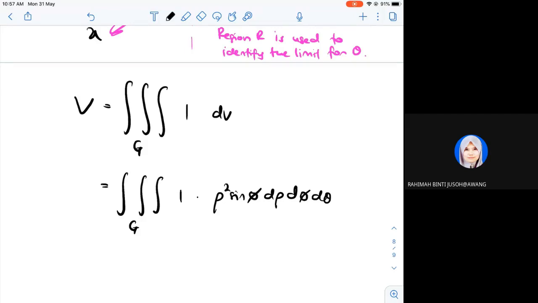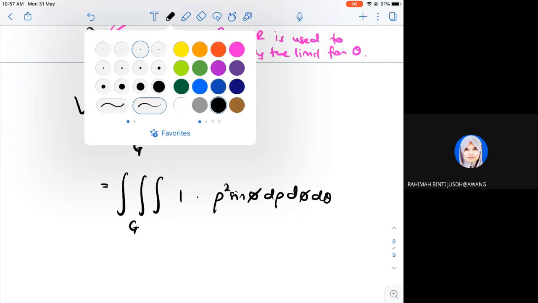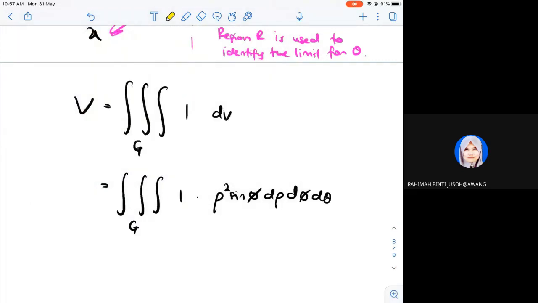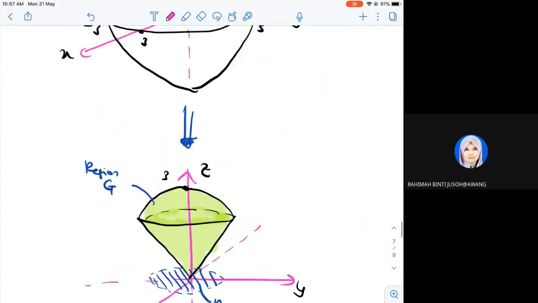The function here, f(rho, theta, phi) equals 1, because it calculates volume, so the function in the middle is 1.